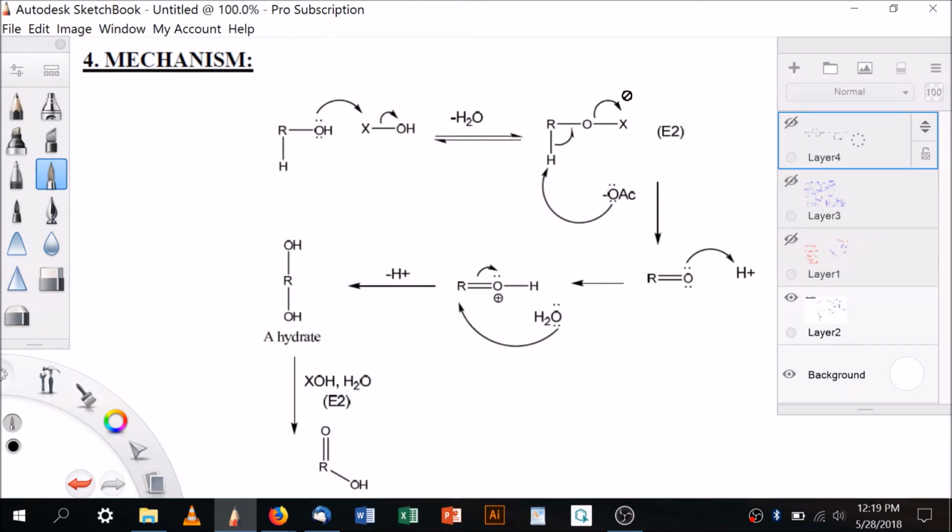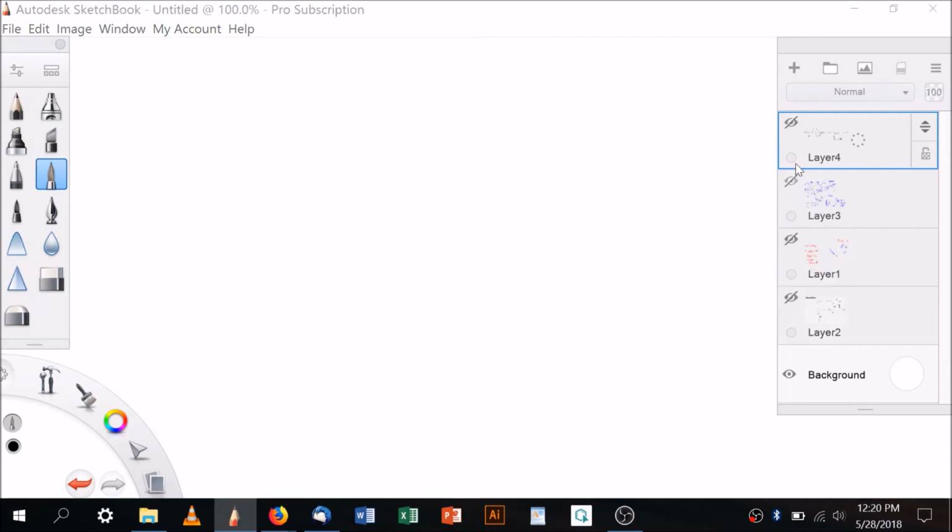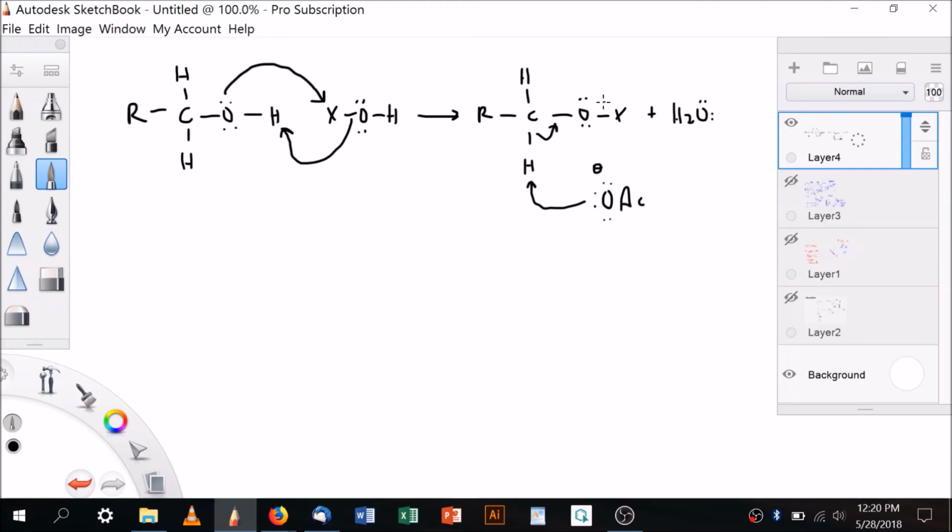And that halide goes off by itself. That's right. Okay. So where are we? Let's get rid of that. Come back up here. When that happens, this halide goes off by itself. It's a halide now, not a halogen, right? Okay. So now that I've got that, can you see I've got a new bond that's formed here.